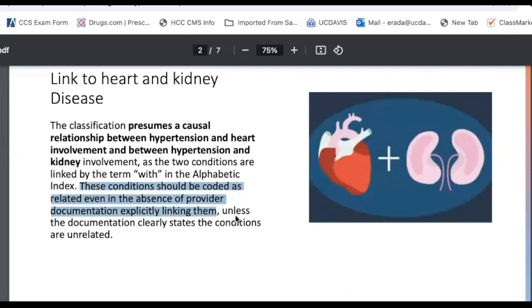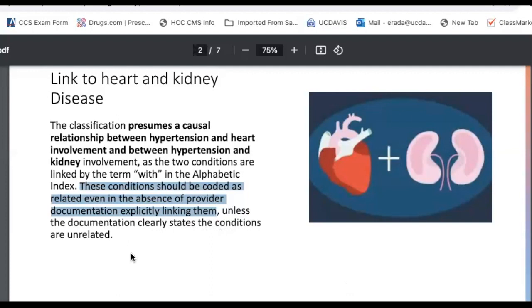And the caveat was, unless the documentation clearly states the conditions are unrelated, but I 99.9% doubt that, because I haven't seen a doctor saying, hey, hypertension and heart disease are not related to each other. I haven't seen that ever.